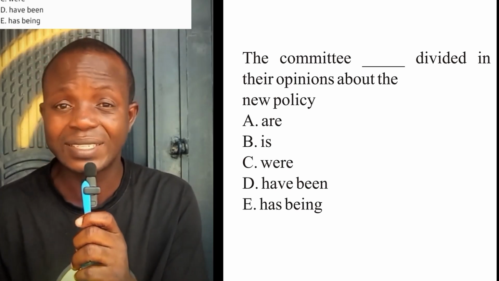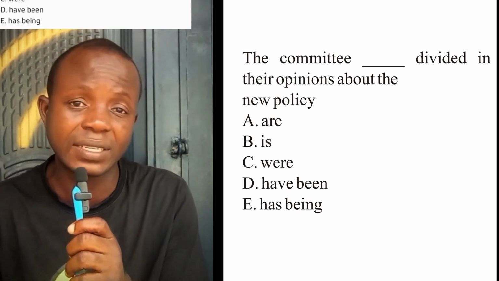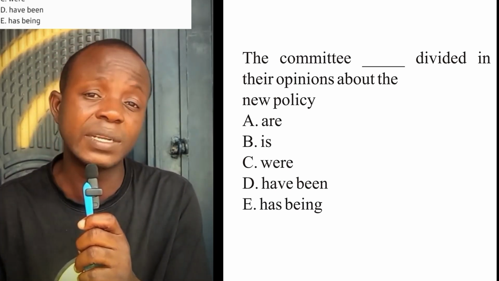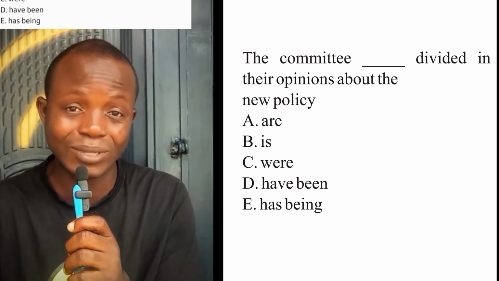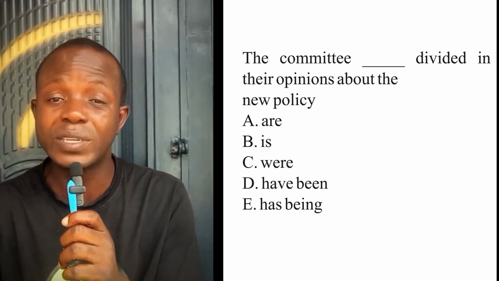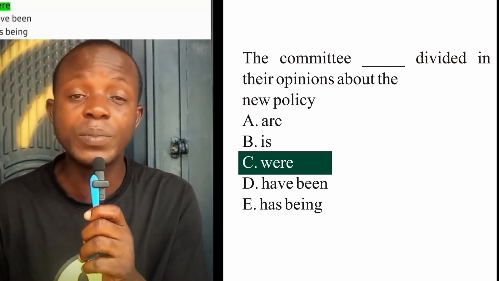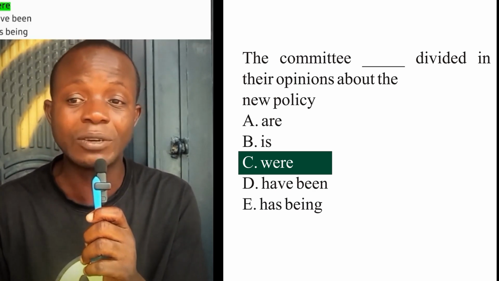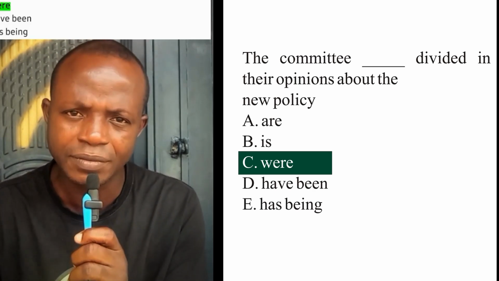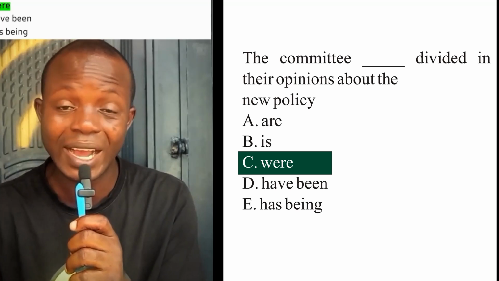In most cases, sentences like this usually occur in the past, and it is because it has occurred in the past that someone is able to tell us about it. Hence, we go for the past plural verb, which is option C: the committee were divided in their opinion about the new policy. Regard this collective noun committee as plural in this particular case.